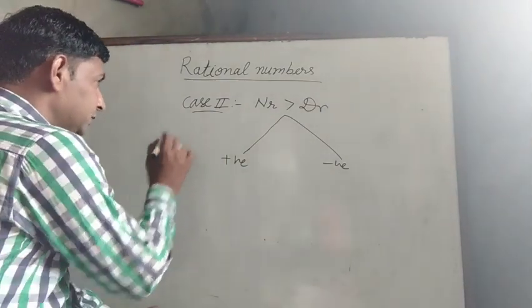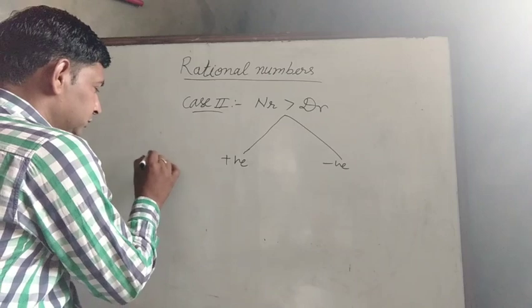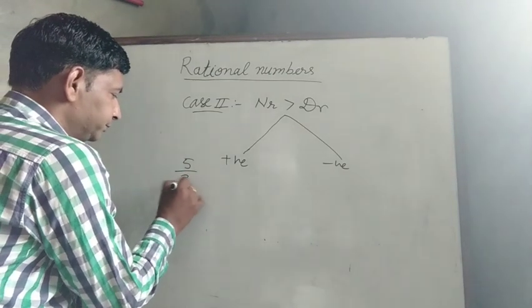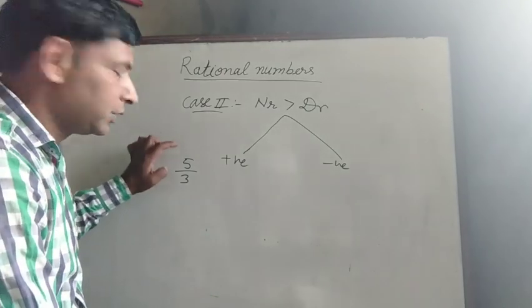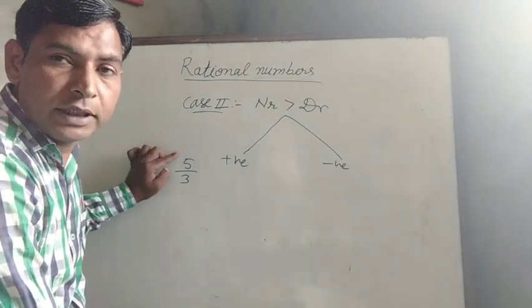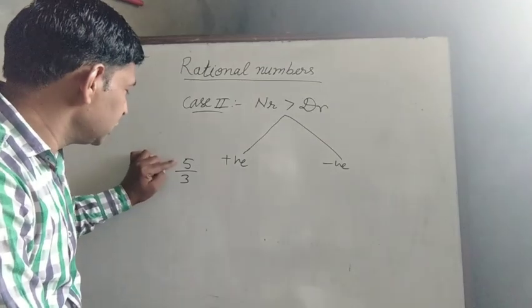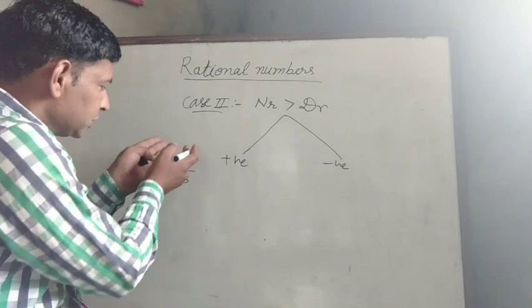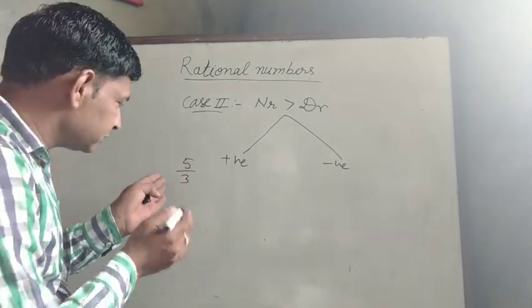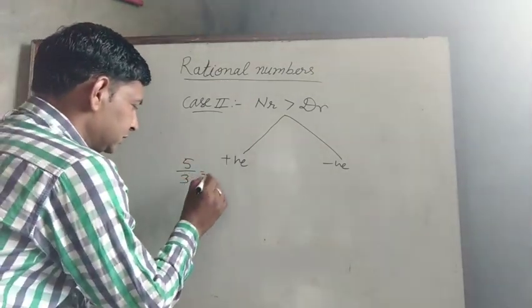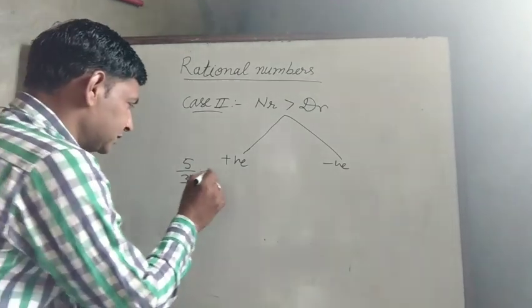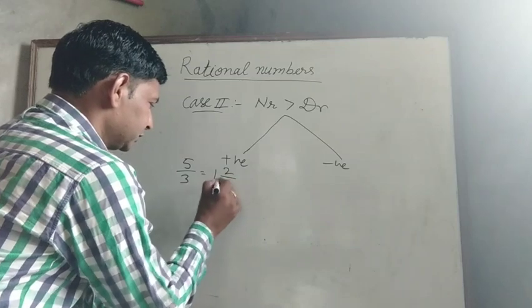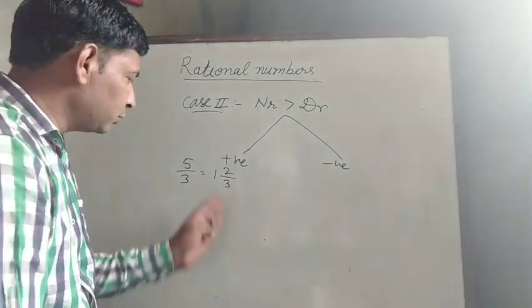Then see some examples. 5 upon 3. Here the numerator is more than the denominator. Now we divide the numerator by the denominator and see that it can be expressed as 1 whole 2 upon 3.